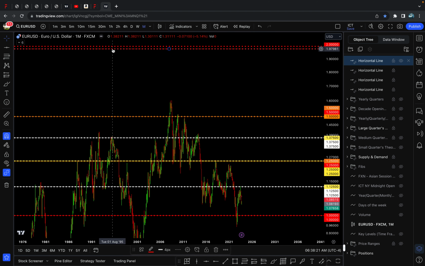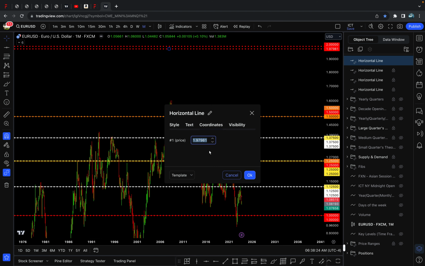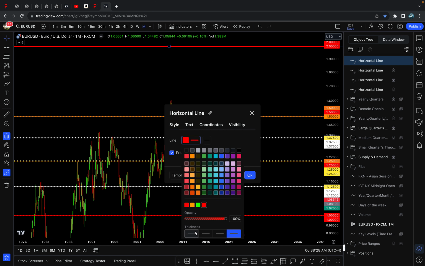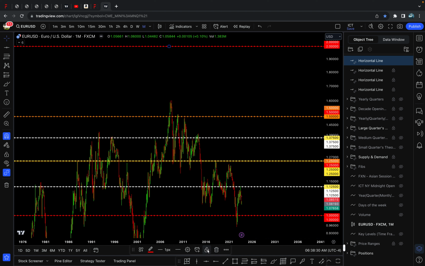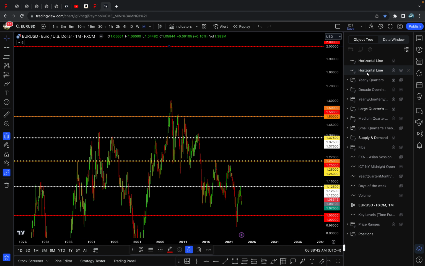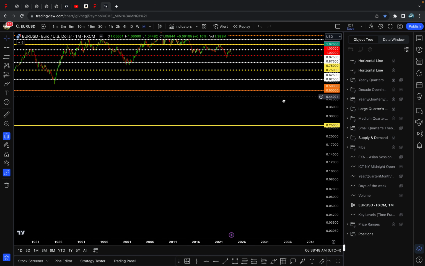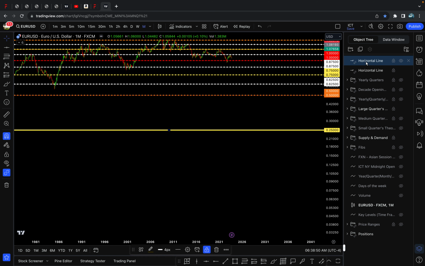So I just put this here. And then basically this would be large quarter theory, and this one, which one is that?